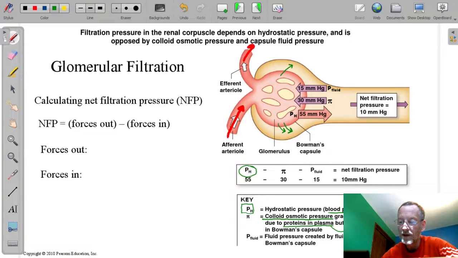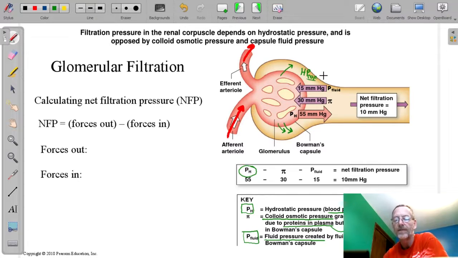Remember who made the albumins? Liver. So, same idea. We have osmotic pressure in the blood. And then we can also have some capsular pressure. So this diagram just defines that as P sub fluid, and that's basically the back pressure. It's the fluid that's in the capsule. So it's essentially hydrostatic pressure, HP, in the capsule, or whatever symbols you want to use.